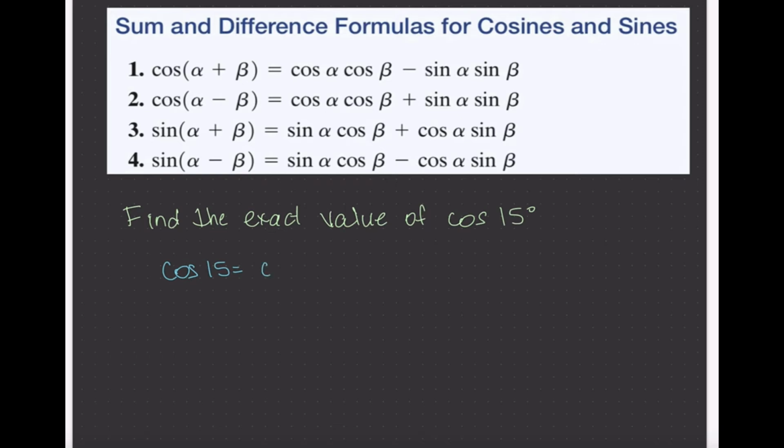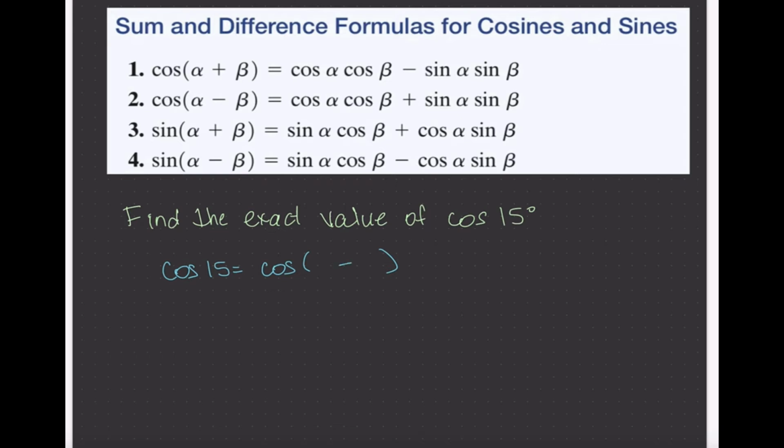I need to find two angles that I'm going to add or subtract that will get me to 15 degrees. Well, for 15 degrees, I don't know, 7.5 and 7.5, or 5 degrees and 10 degrees. So the sum formula is not going to work. So I'm going to think of a difference. So I'm going to subtract.